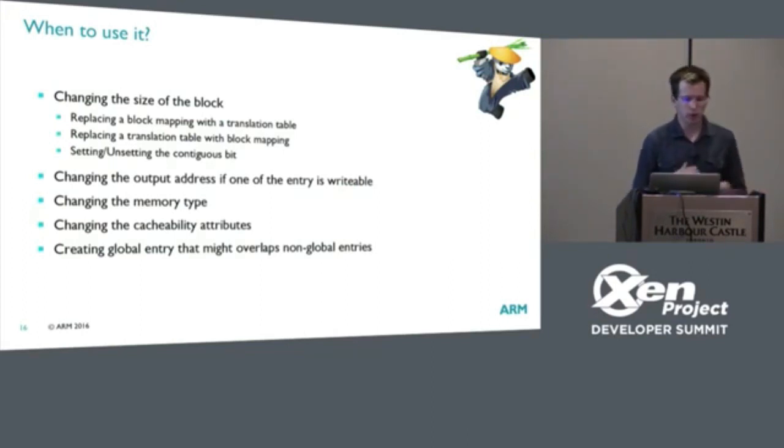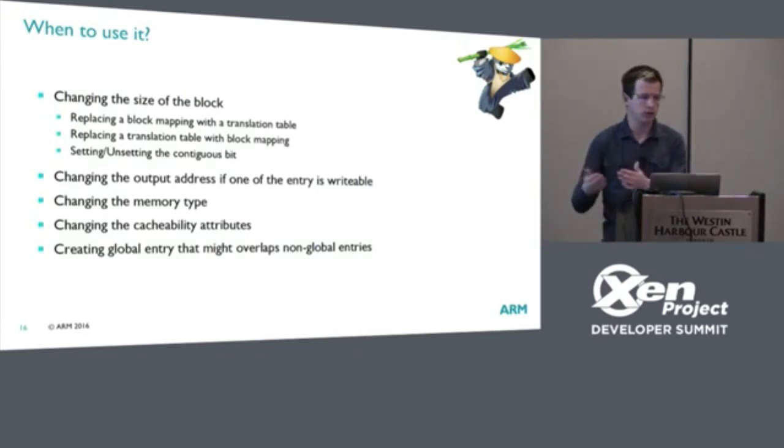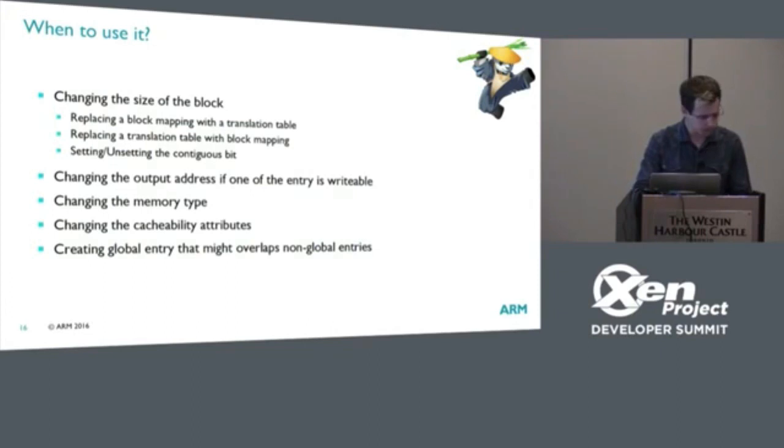Same thing when you change memory type, like when you move from device to normal memory. Cacheability attributes are the same. You may also have to care about the cache in this case. And the last one is when you create a global entry which may overlap with non-global entries. So, for instance, you decide to reallocate memory that is mapped for every process, but in one of the cases, this is already in a process.